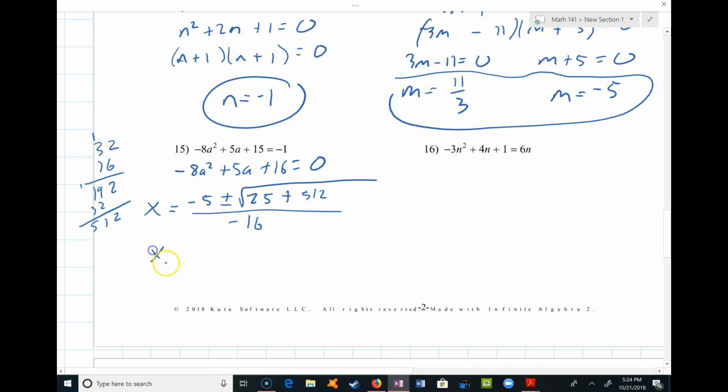So then we get x. Actually, it's not x, it would be a, wouldn't it? Sorry about that. A equals negative 5 plus or minus the square root of 536 all over negative 16. I wonder if that's got any perfect square factors.